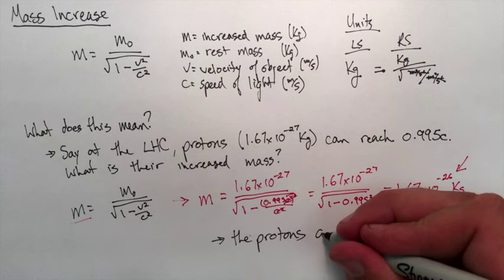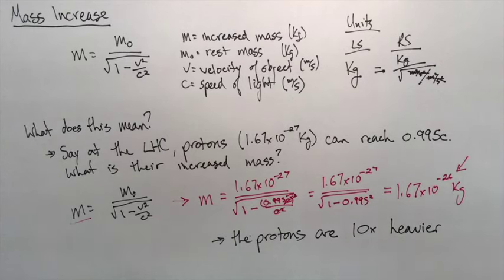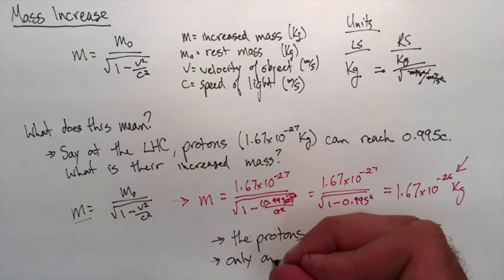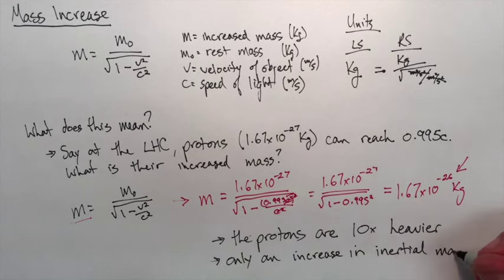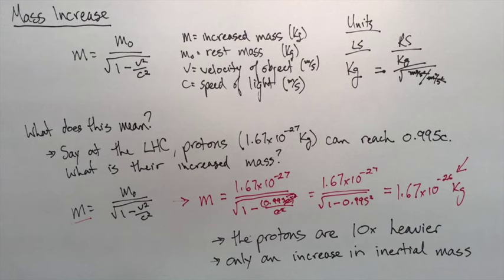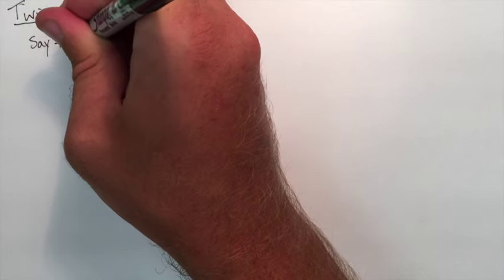If we compare the two numbers, 1.67 times 10 to the negative 26 is 10 times heavier than the original mass of the protons. This is only an increase in inertial mass. It's actually a weird effect. There is no increase in gravitational mass. The inertial mass gives more resistance to acceleration. That's the essence of what mass increase is.